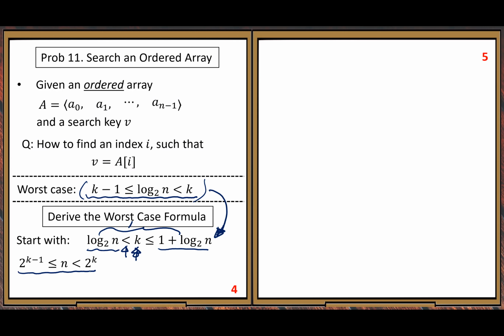Look, why we switch back to the exponential expression, the reason is log base 2 of n, it's a non-integer, right? Non-integer. And look at the expression here, we have integer expression. Everywhere we have integer expressions.